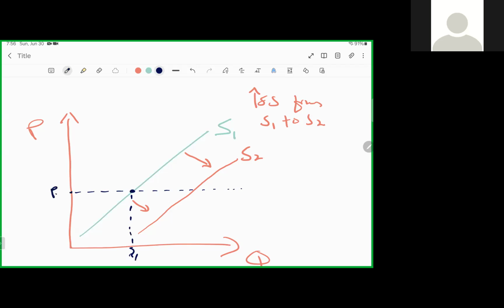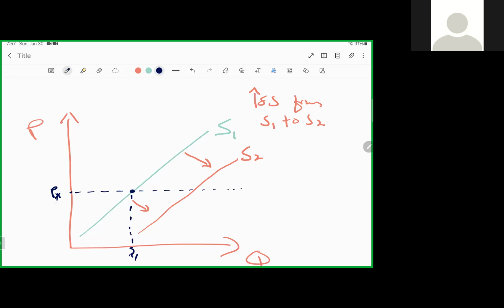But at that same price, there is some effect on cost of production that will decrease firms' cost burden in the production process. And by decreasing their cost burden, that will give them more resources to produce more.